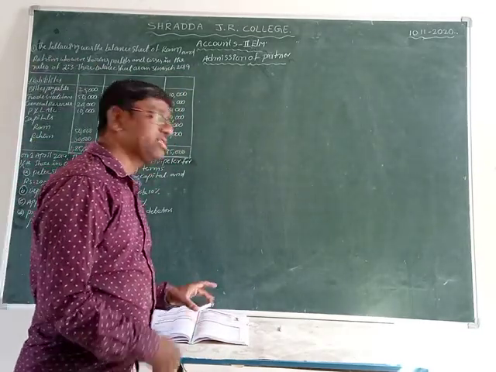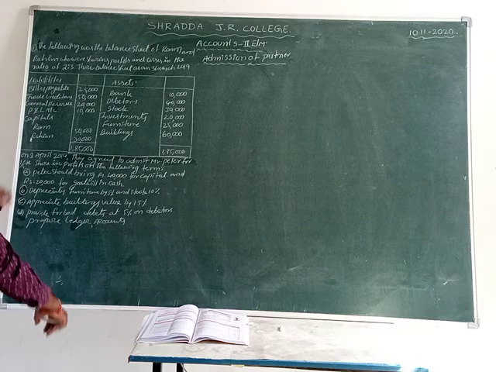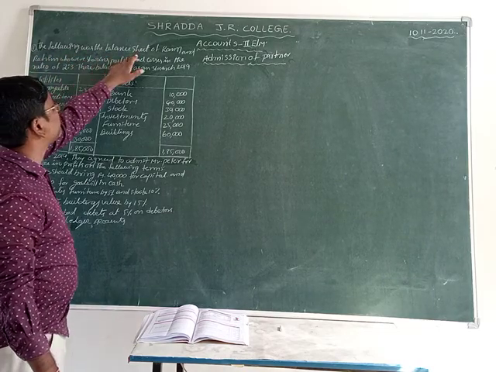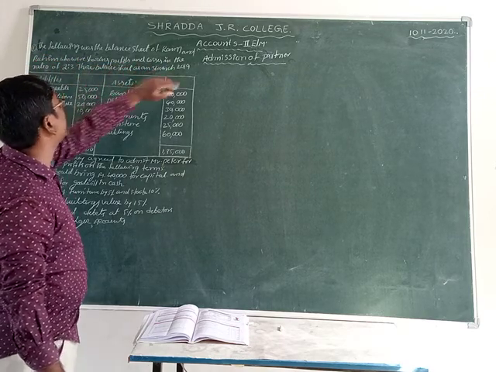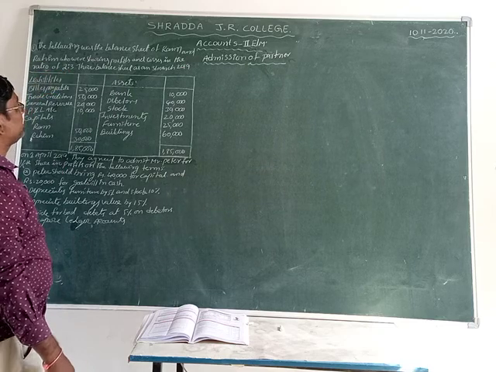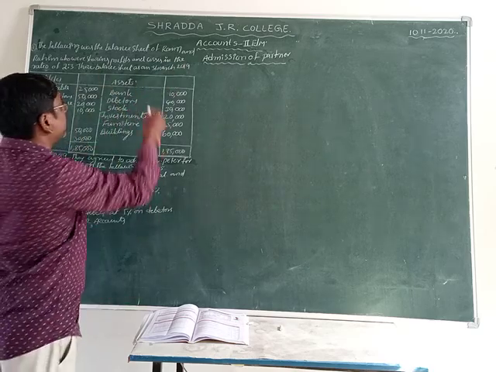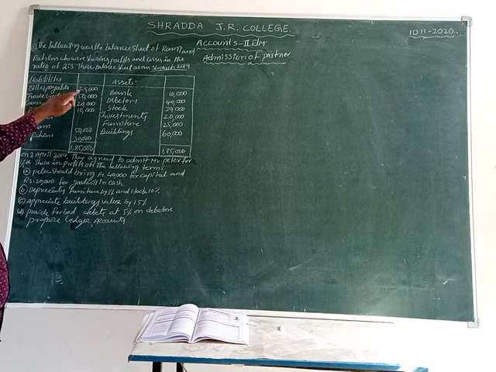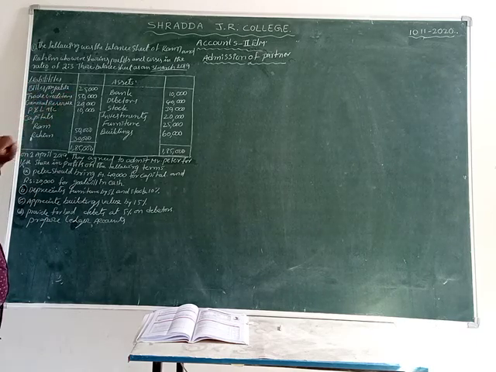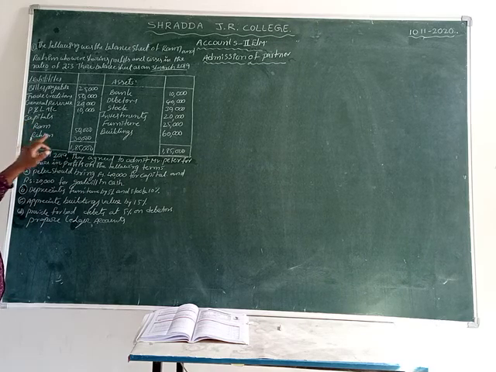Now, today we are discussing the first problem in this chapter. Listen to me first. The following was the balance sheet of Ram and Rahim, who share profits and losses in the ratio of 2:3, as on 31st March 2019. It is last year's balance sheet. Liabilities: bills payable 25,000, trade creditors 50,000, general reserve 20,000, profit and loss account 10,000, capitals: Ram 50,000, Rahim 30,000.